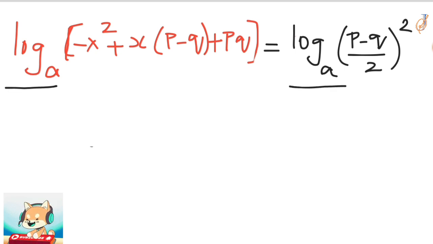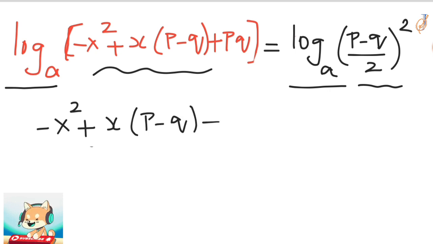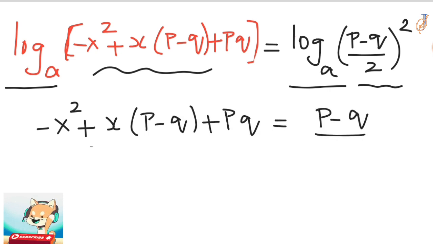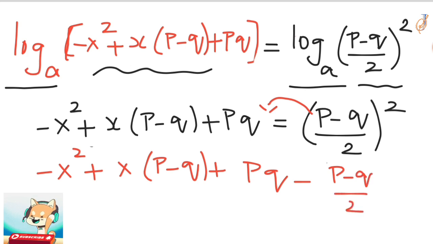So take antilog on both sides, cancel out the log, then you are left only with this expression, that is -x² + x(p - q) + pq, that is equal to ((p - q)/2)². So if you take this part to the left hand side, you will get minus ((p - q)/2)², that is equal to 0.